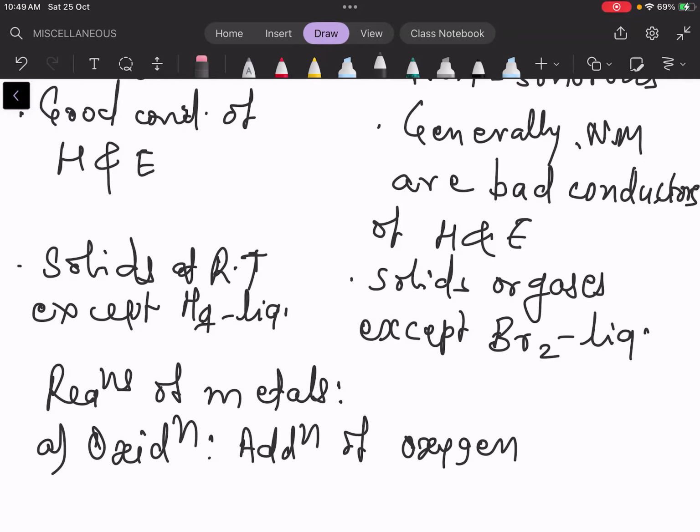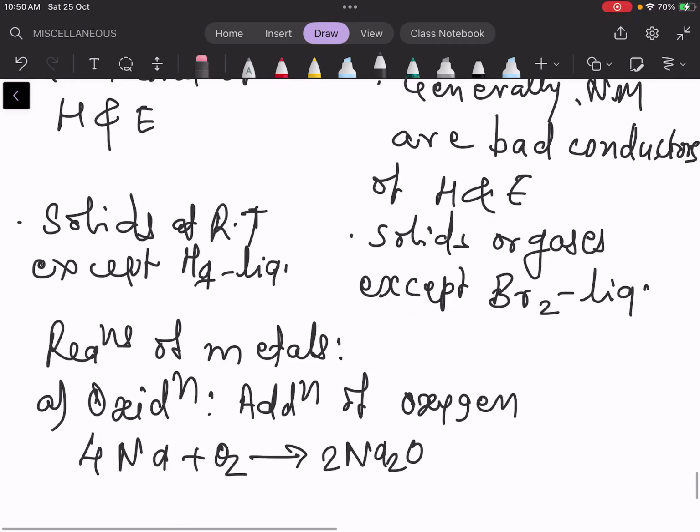For example, sodium combined with oxygen: 4Na plus O2 gives 2Na2O, sodium oxide.